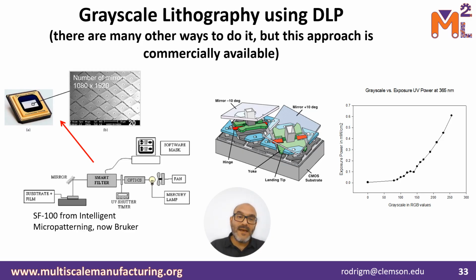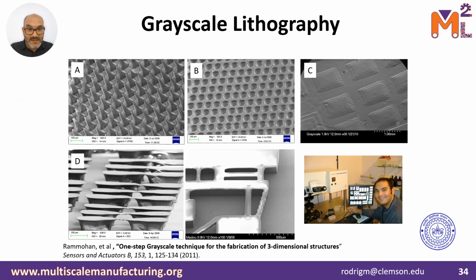So once you have that, then you can imagine that you can start having structures like the ones shown here. In the case of A, in particular, the photoresist was exposed through the substrate, right? Actually, in the case of A, B, and C, all of them were exposed through the substrate.